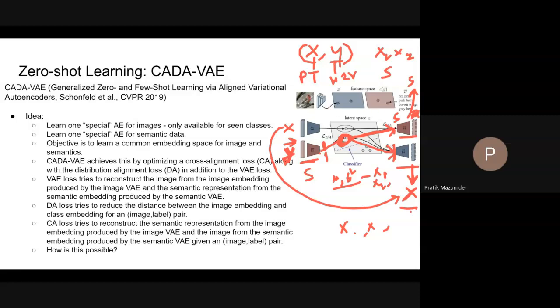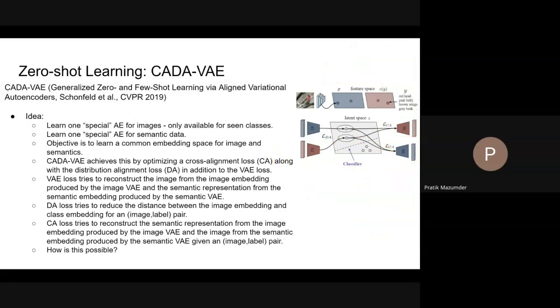Once this training is done, we will discard this entire setup and only use the semantic encoder. We have the semantic representation for both seen and unseen classes. We pass it to this, and for every class we get a mean and a variance. With that, we produce a lot of vectors, not images.